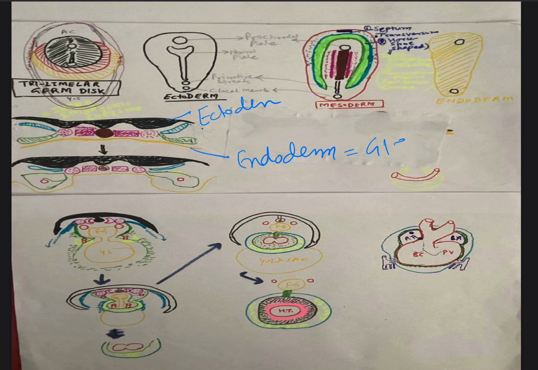This endoderm will form the GIT, while this ectoderm will form the brain and spinal cord. This mesodermal layer has three parts. This is the axial mesoderm, which will form the notochord. Near the axial mesoderm, this pink one is the paraxial mesoderm. This paraxial mesoderm will form somites.